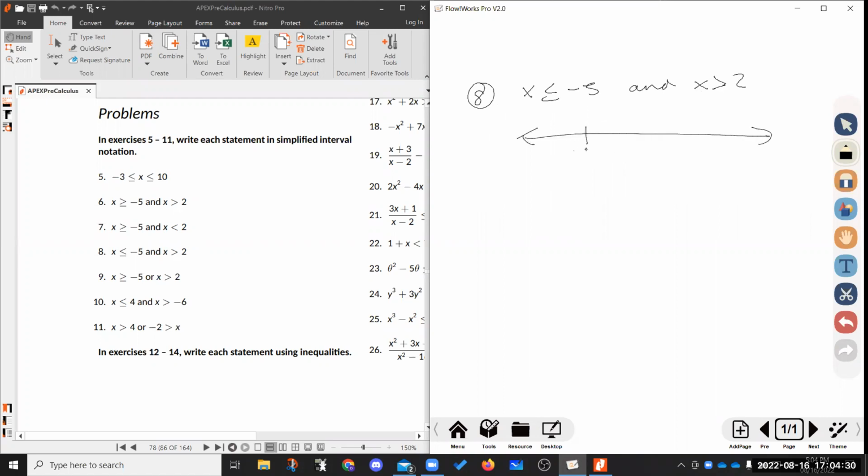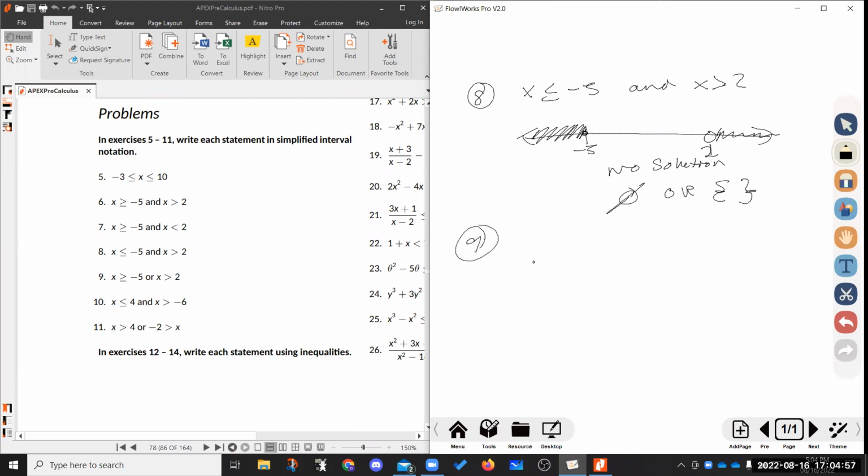So is there any place where I can be less than -5 and at the same time be greater than 2? There's no solution to this because there's no point of intersection. So it's the empty set is how we can express that. Or we can write an empty set like this, a null set.